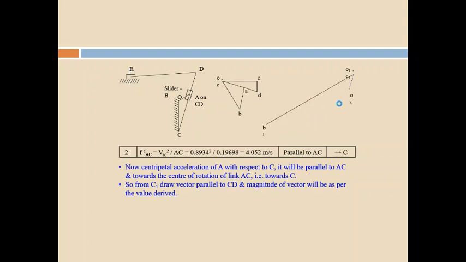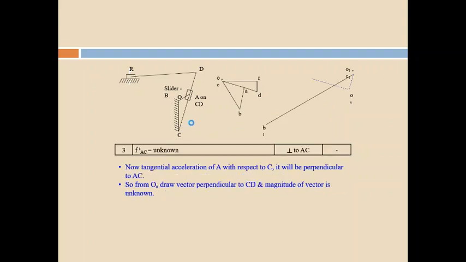So here we can see they have drawn the radial line for link CD. Since in the velocity diagram it is having two segments, AC and AD, here also we are going to have two segments.